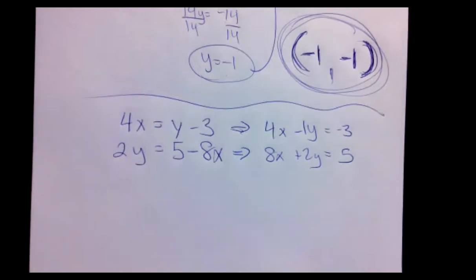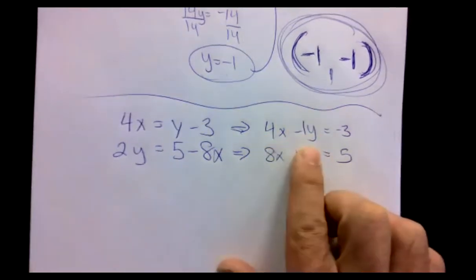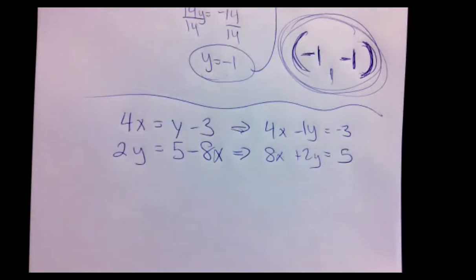So if things are out of order, add the opposite to move stuff to the correct side. Again, you want it in standard form. You want your x's and your y's on the same side, constant on the other. Okay, from here, steps are going to be the same.